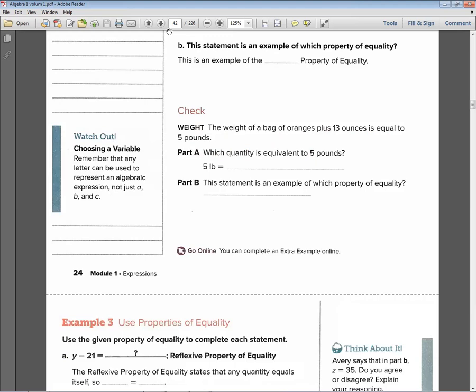I can write here, 5 pounds equals x plus 13 ounces. The weight of a bag, I can say it's x, and here we can make plus 13, because he asked it. This is the replacement, symmetric property.